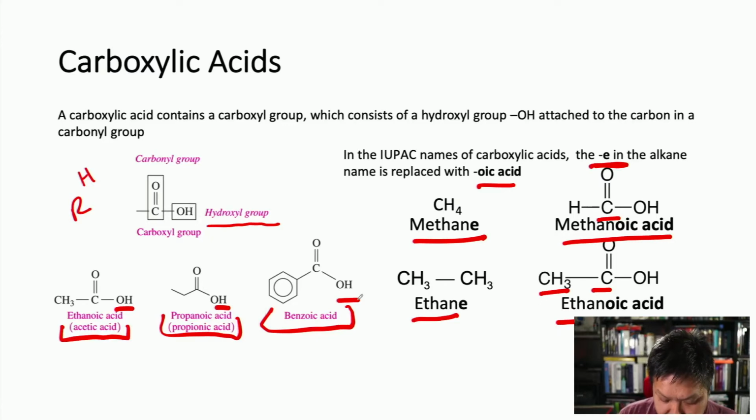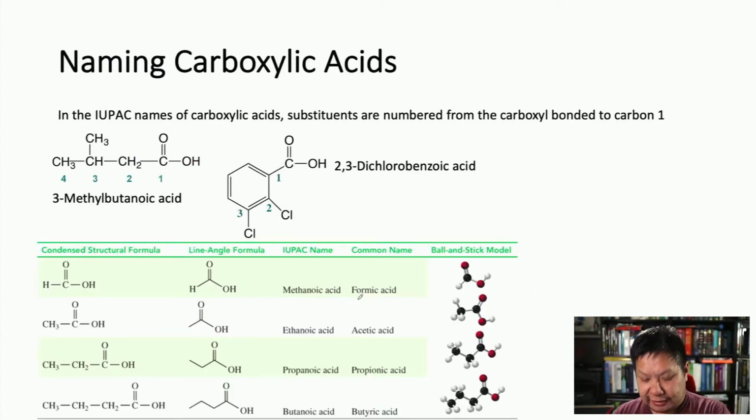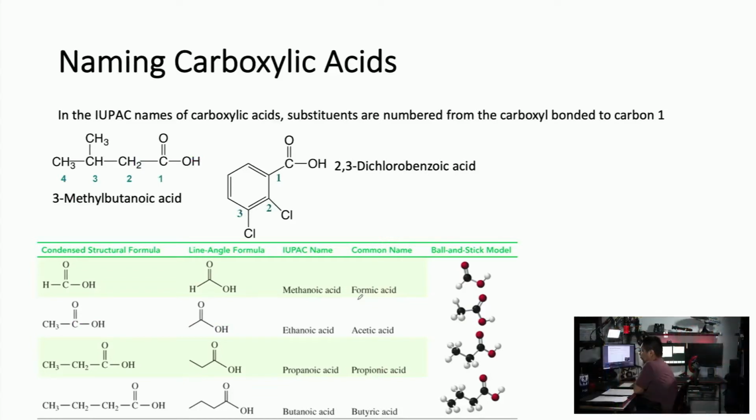Just to continue a little bit more on naming carboxylic acids, if you have extra constituents off the chain or off the benzene ring, you just name them like you normally name any other chains of carbons, right? The first carbon you start naming is the one that is closest to the end of the carboxylic acid. So if it's a straight chain, you start with 1 on the carbonyl carbon, and then 2, 3, 4, right?